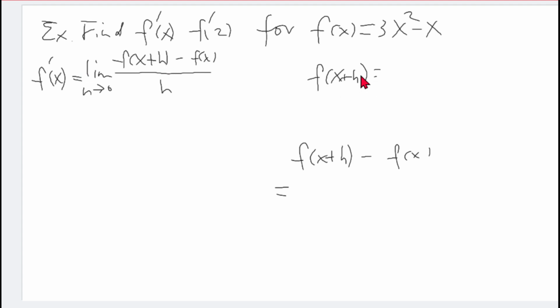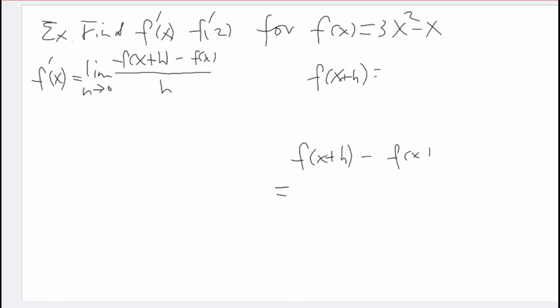Okay, so let's see how we have the expression for f of x plus h. I purposely put the f of x plus h under f of x just so it's easier to set up this expression correctly. So algebraically, how do we do it? Very simple. We basically just plug in x plus h for x.